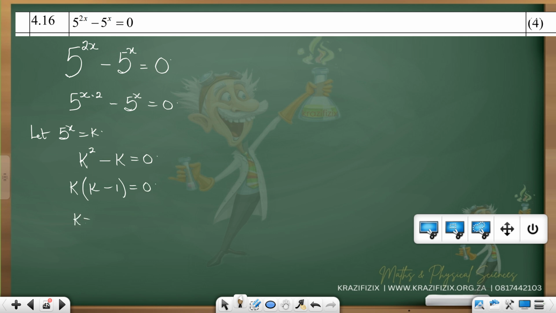So either k equals to 0 or k minus 1 equals to 0, which means k equals to 1. But we're not looking at k, we're looking at 5 to the power x. So 5 to the power x equals to 0 or 5 to the power x equals 1. Here there's no solution. I told you it must be positive.